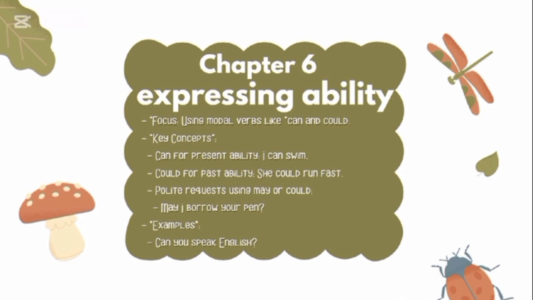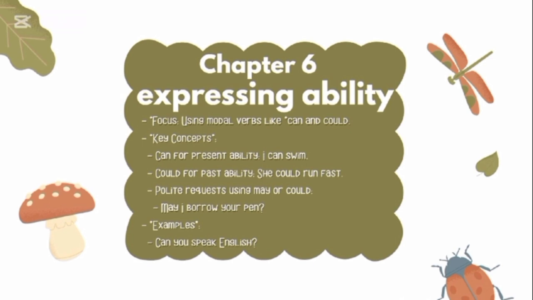We are moving on to chapter 6, expressing ability, like swimming or playing the guitar. People usually say things like that because they have an ability for it. The key concept is using can for the present and could for the past.